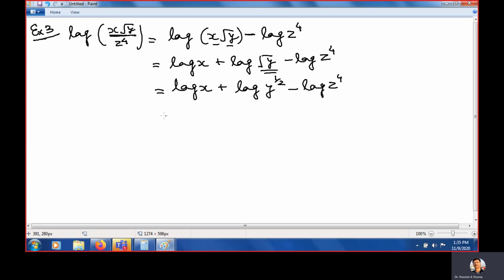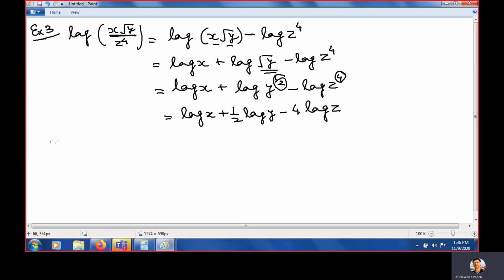Now power property, shifting to the left: it is log x plus this 1 by 2 will be shifted here, 1 by 2 log y minus this 4 shifted to the start, 4 log z. So this is how we are solving questions.